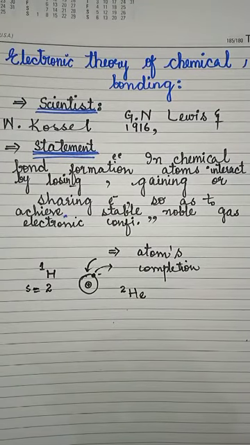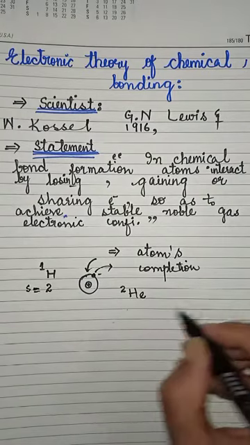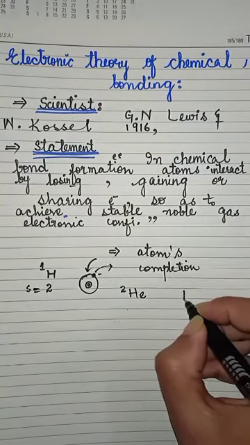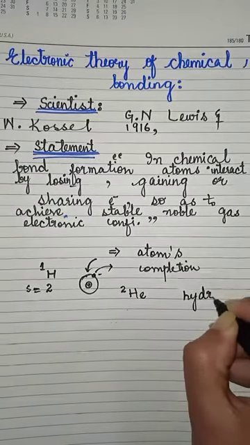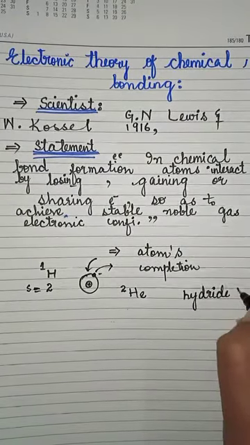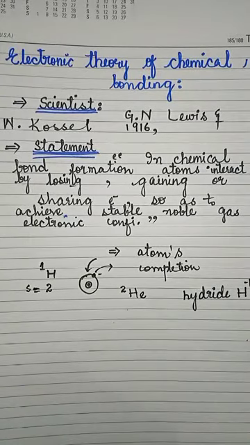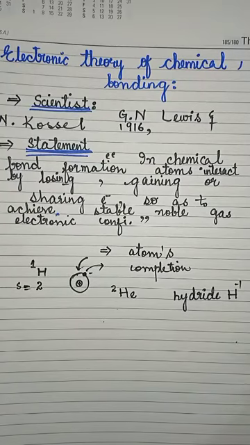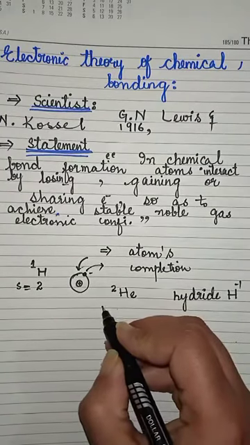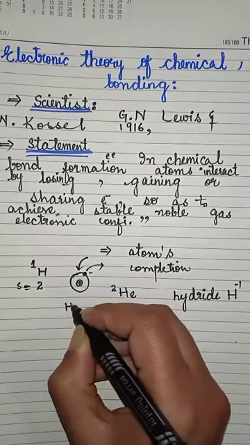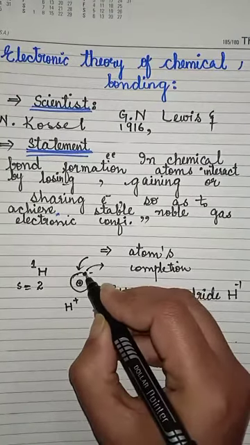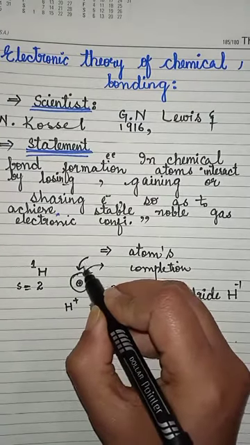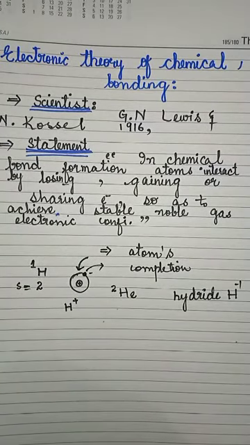atom, right? Rarely, in reaction with metals, like in the form of hydride, it gains an electron and shows -1 valency, but mostly it forms the H positive ion, because losing an electron is easier than gaining an electron for the hydrogen atom, right?